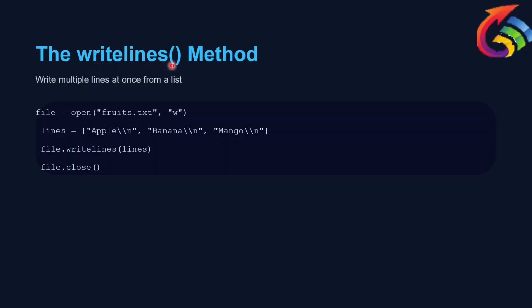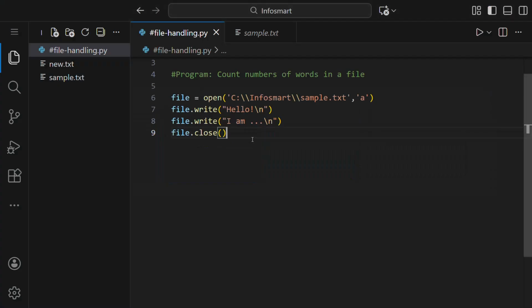Next is the writelines method. So it writes multiple lines at once from a list. So let us make a list here.